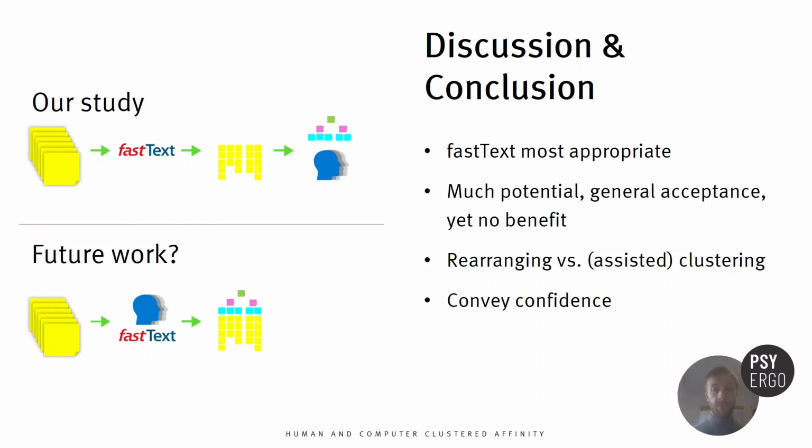For future work, we recommend to shift the point of algorithmic support in the process, so that designers do not have to rearrange pre-clustered data, but are supported as they cluster the data themselves. This could be achieved, for example, by highlighting nodes that could match the content of a cluster the designer is momentarily working on. Conveying confidence of suggestions would be a great challenge here to promote the designer's decision-making process and acceptance of the algorithmic support.